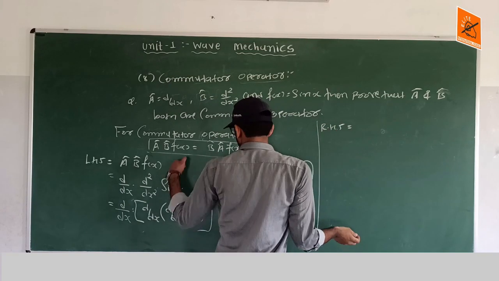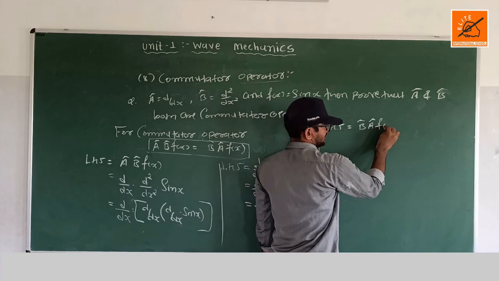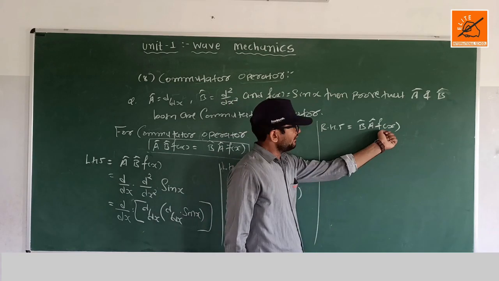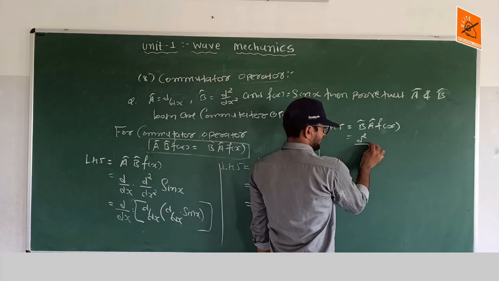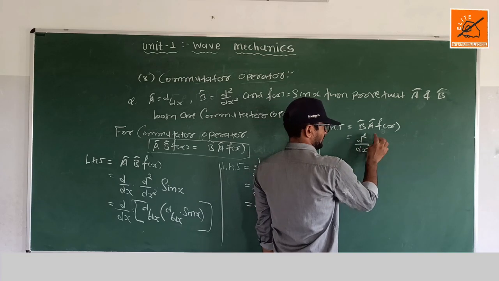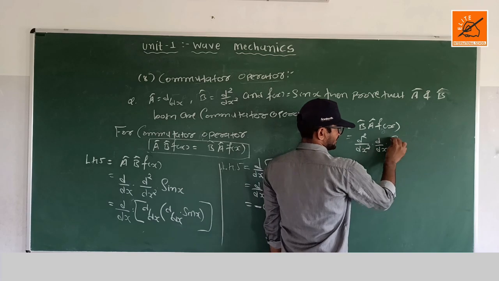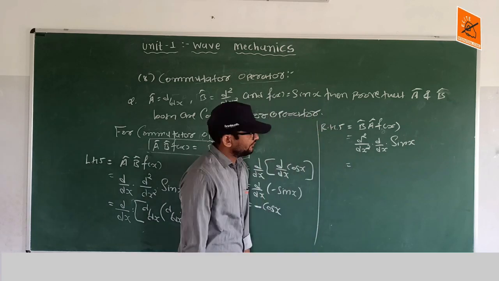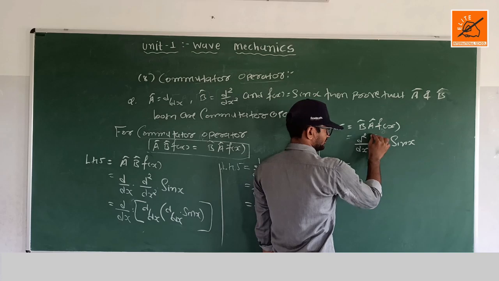RHS is equal to B cap A cap f(x). So now put the value of B cap, A cap and f(x). B cap is d square upon dx square, A cap is d by dx, and the function f(x) is sin x. So in this case, first d by dx operates on the function sin x.